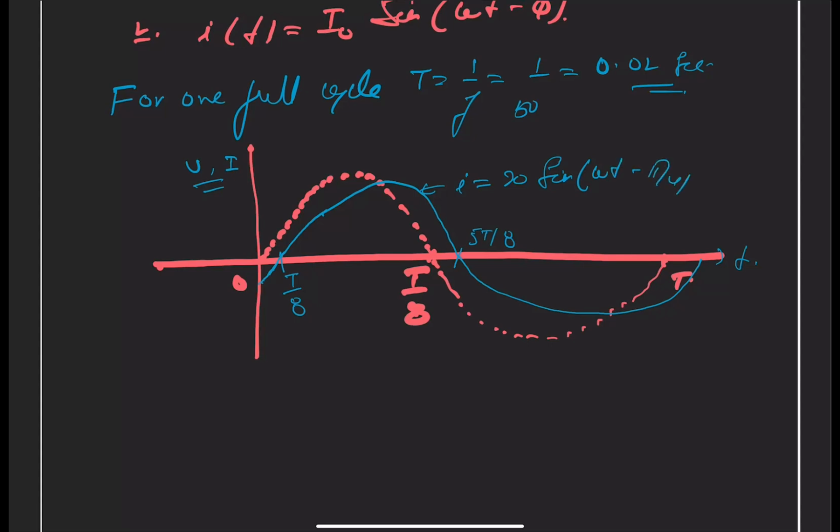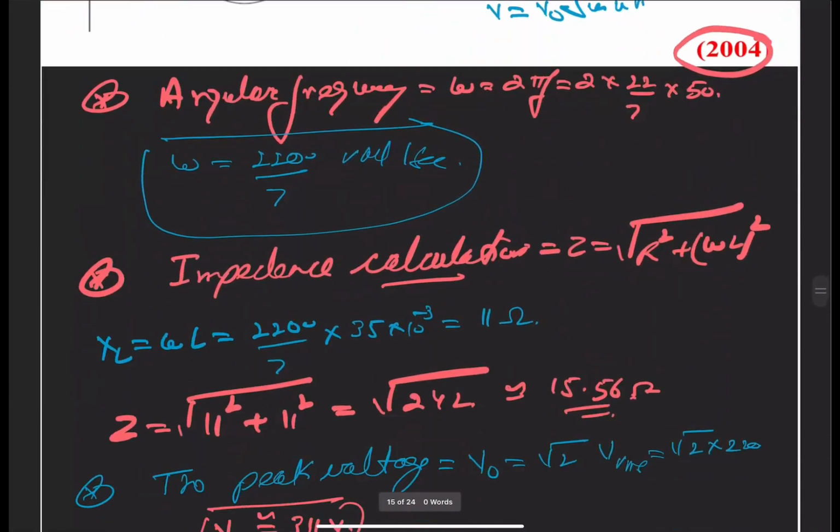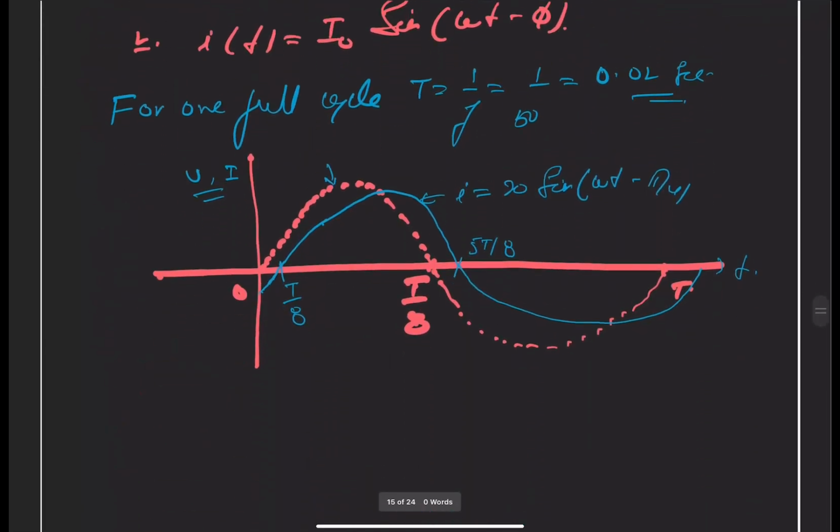The voltage equation is already given to us: V is equal to V naught sine omega t.